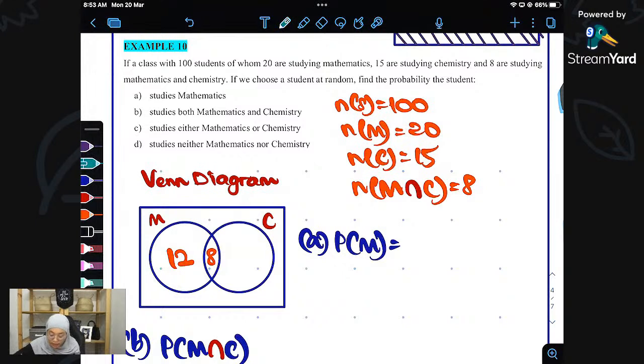Same with chemistry. Chemistry is 15. So 8 plus 7 will give you 15.